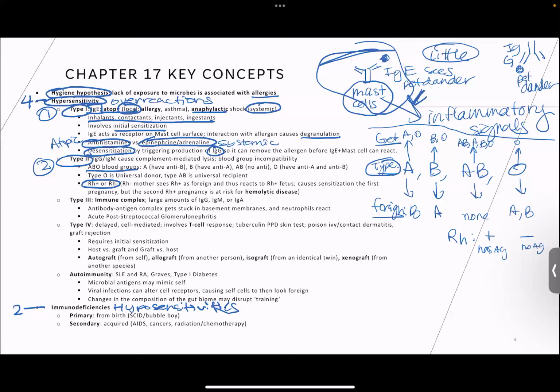If you are a mother who is Rh negative and your baby is Rh positive, it has the antigen. The mother who's carrying the positive baby will make anti-positive antibodies. It sees the positive as foreign.